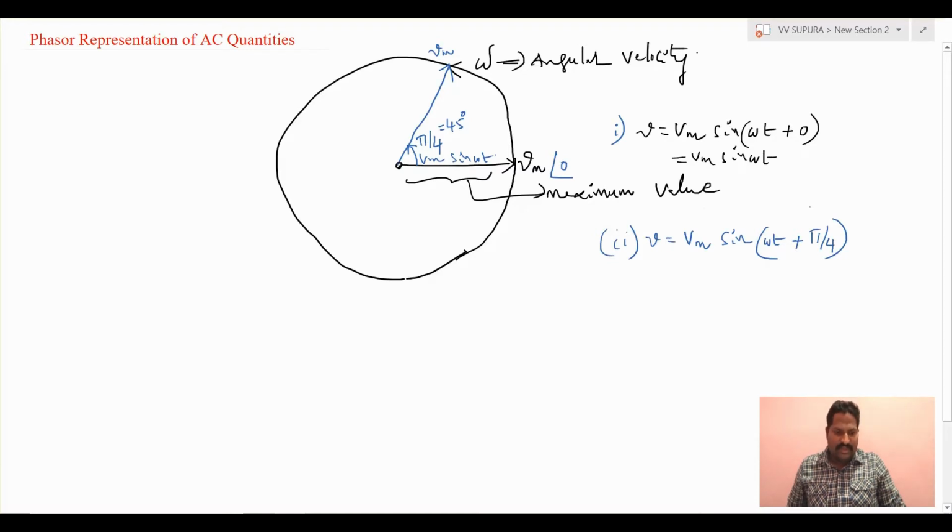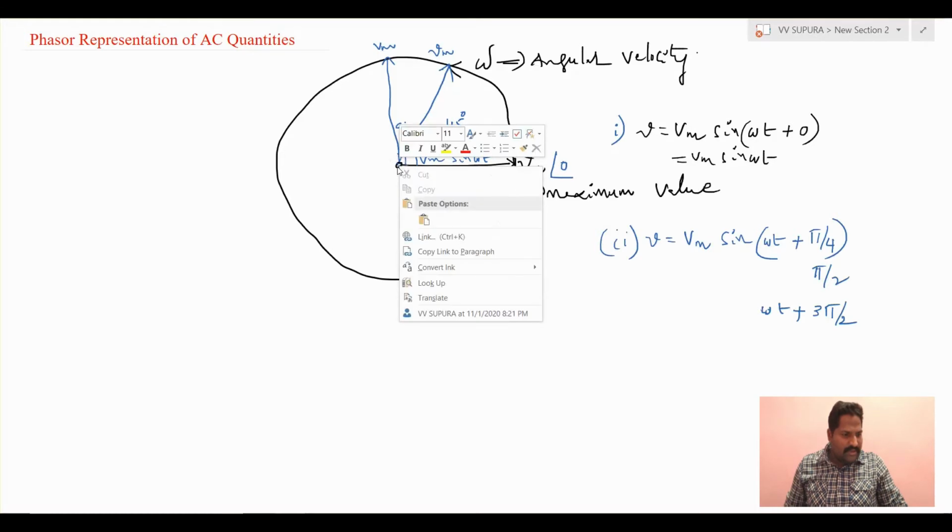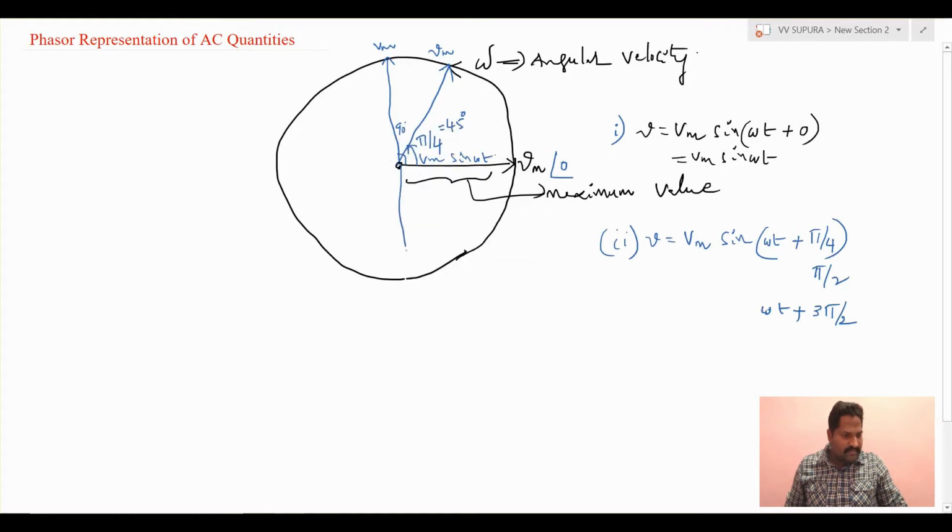If it is pi by 2, I have to represent it like here, right? So it is Vm, making 90 degrees. If it is omega t plus 3 pi by 2, that is 270 degrees, it is like this.